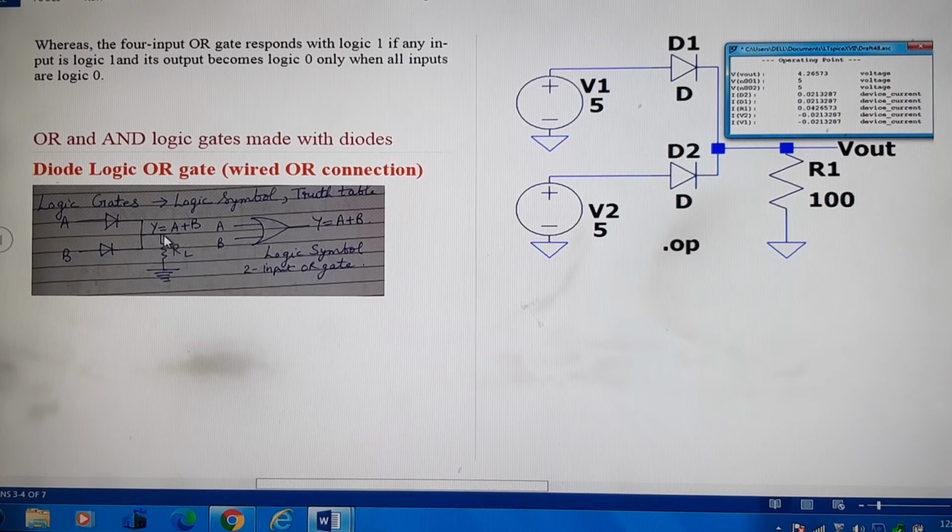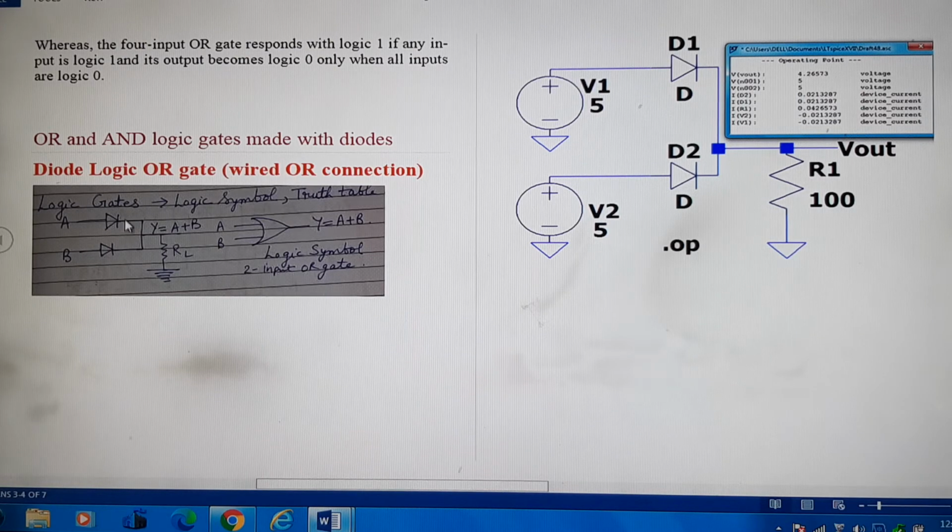So the voltage at Y will be equal to 5 volts minus 0.7 volt, where 0.7 volt is the barrier potential of the diode, because here we are assuming the practical diode model.